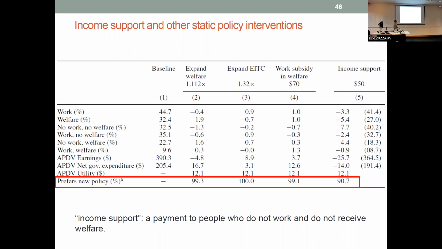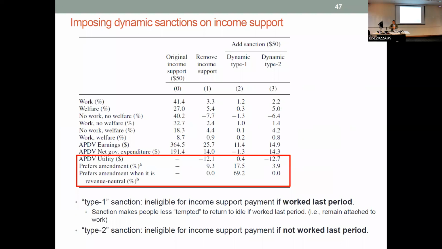And in time-consistent models, everyone would prefer this policy regime, I'm not talking about general equilibrium, just a partial equilibrium approach. Everyone would prefer that, but in this baseline model, only 90% would prefer this regime.